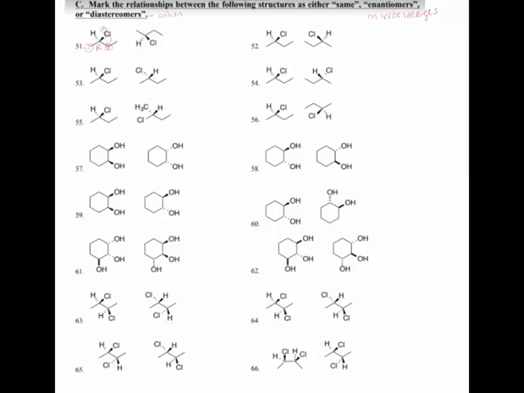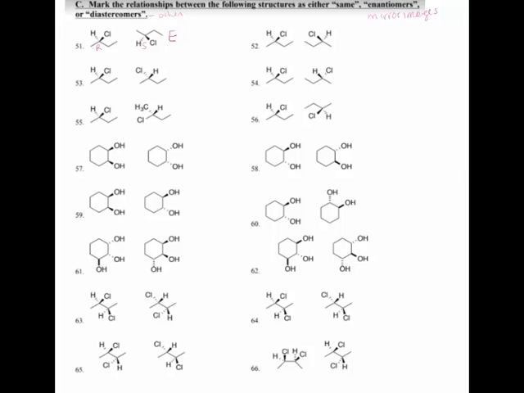This is an R and this would be named R-2-chlorobutane. For this asymmetric center, again, chlorine is 1, the ethyl group is 2, and the methyl is 3. We are rotating counterclockwise, so this would be S-2-chlorobutane. So these are enantiomers.